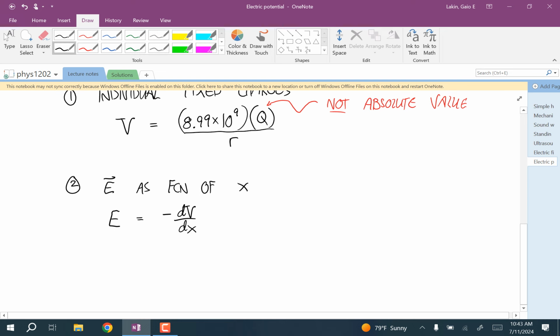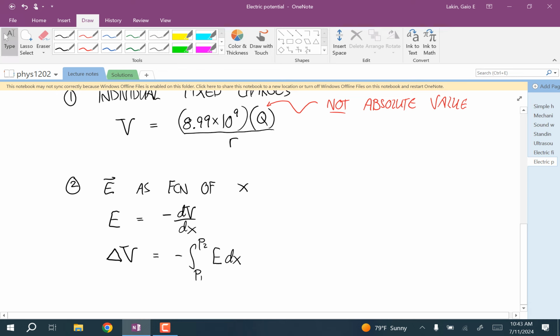If you rearrange this, the change in electric potential is equal to the negative definite integral from point 1 to point 2 of E dx. So what we're calculating here is the change in electric potential of an object in going from point 1 to point 2.